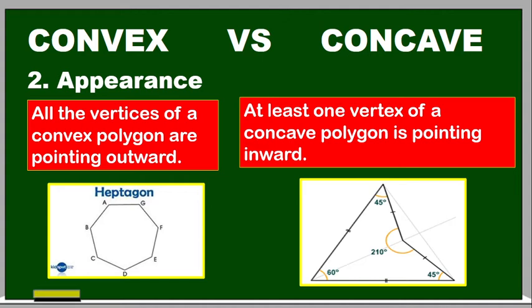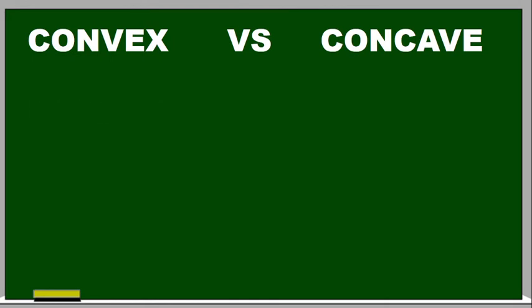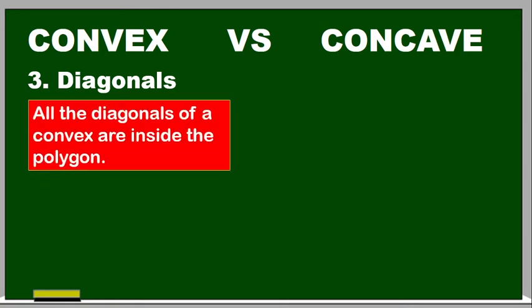So we have according to angles, we have according to its appearance, and the third one is according to diagonals. Okay? So for convex polygon, all the diagonals of a convex polygon are inside. Okay?